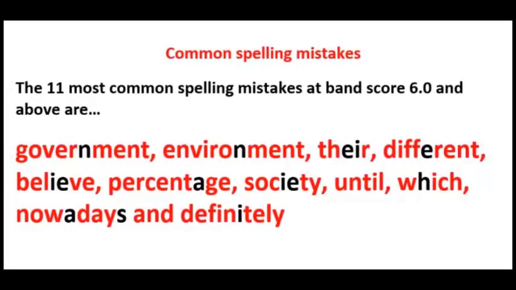Spelling above band score 6 is still a problem for lots of people. Now, according to the Cambridge Learners Corpus, the 11 most common spelling mistakes at band score 6 and above are the words government with an N, environment with an N, there with an E-I, different with an E, believe with an I-E, percentage with an A, society with an I-E, until, which with an H, nowadays with an A and an S, and finally definitely with an I. Test yourself.